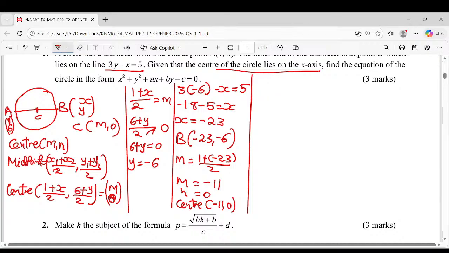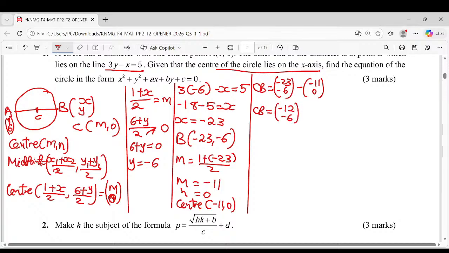CB will be B minus C. Our B is negative 23, negative 6, minus our C, which is negative 11, 0. So that means that our CB will be, when you take negative 23 plus 11 to make it negative 12, negative 12, negative 6.